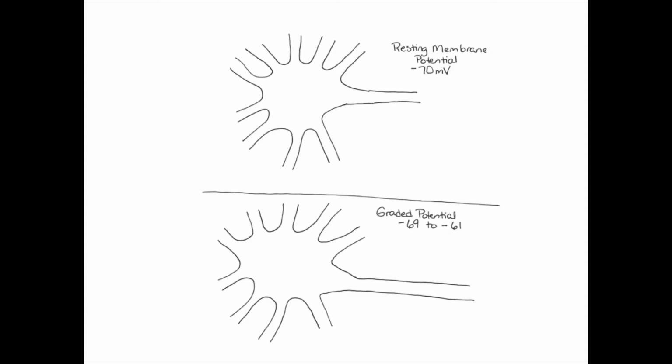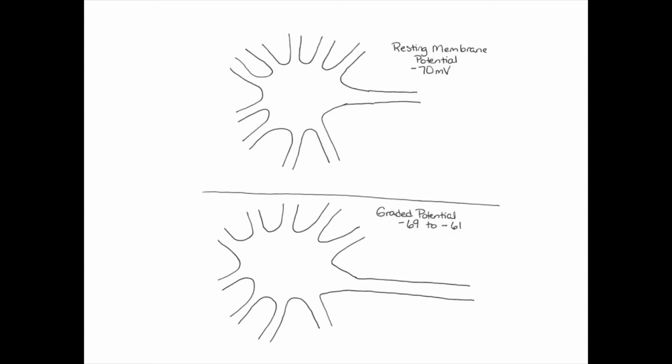Based on our rule of diffusion, which way does potassium want to move? Out. If potassium is carrying its positive charge out of the cell, what's going to happen to the inside of the cell? It's going to become more negative. Potassium's moving out, taking its positive charges with it, making the cell more negative, right?